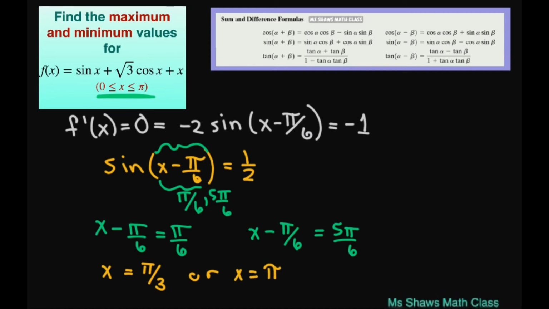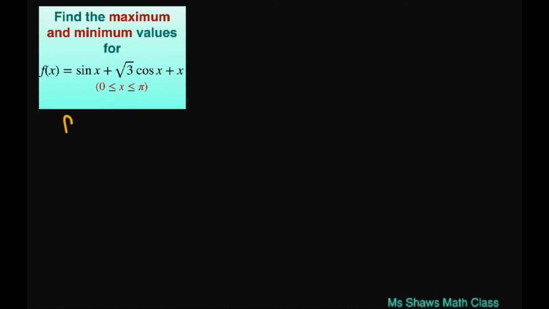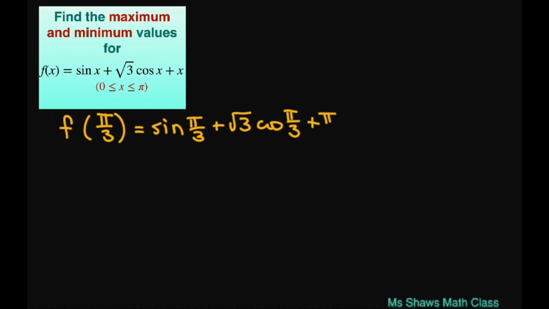Now that we have that, we're going to evaluate. Our critical numbers are x equals pi divided by 3 and x equals pi, and we also have to do our endpoint 0. So we're going to have f of pi divided by 3, which equals sine of pi divided by 3 plus square root of 3 cosine of pi divided by 3 plus pi divided by 3.